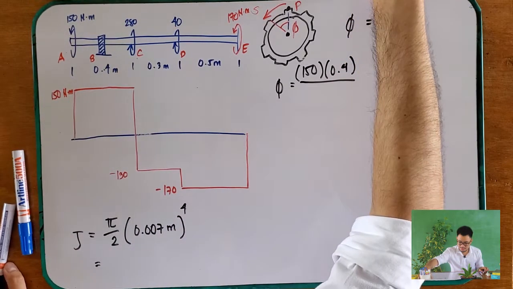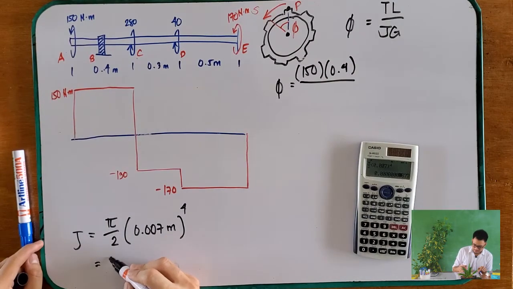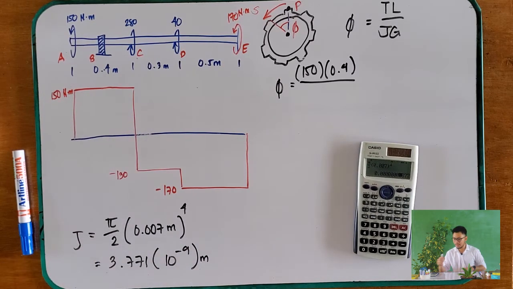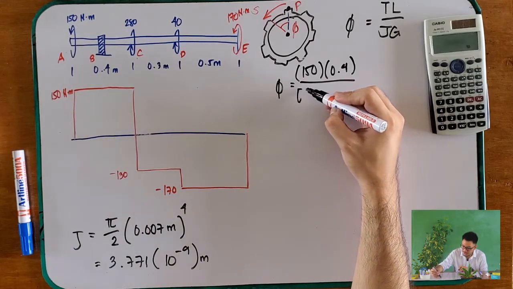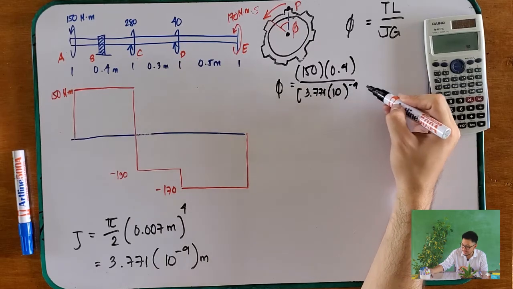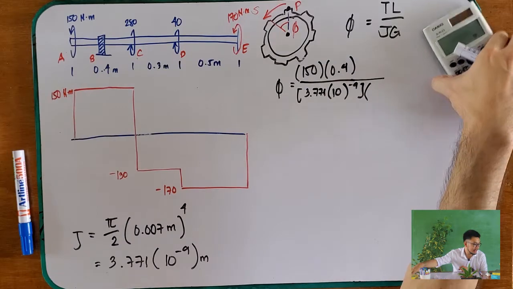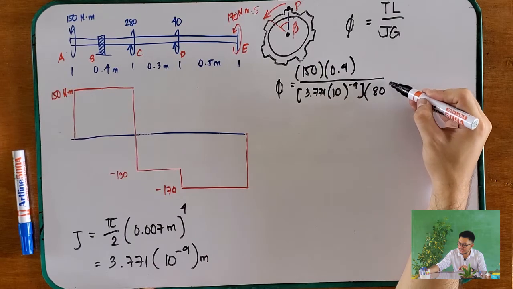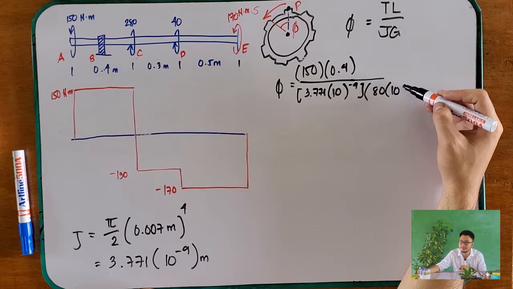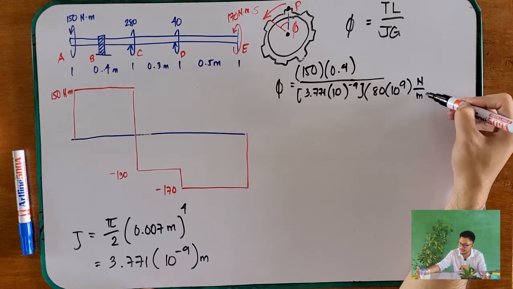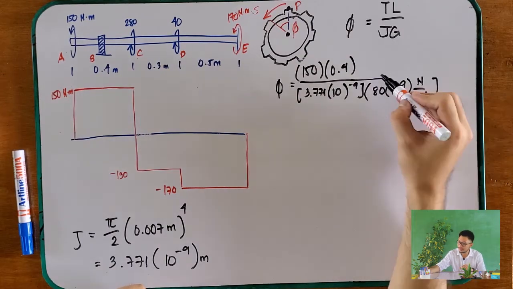So, therefore, this one is 3.771 times 10 to the power of negative 9 meters. So, again, this one is 3.771 times 10 to the negative 9. And then your G is given as 80 gigapascal. So, that is 80 times 10 to the power of 9 Newton per meter squared. Sakto? Sakto.